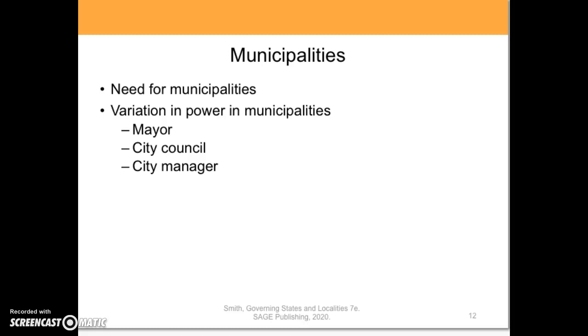Typically free from any outside influence, but not necessarily 100%. Might depend on how your state is set up in terms of authority and those kinds of things. But there is a certain level of self-governance that municipalities have, and that's why they become incorporated.